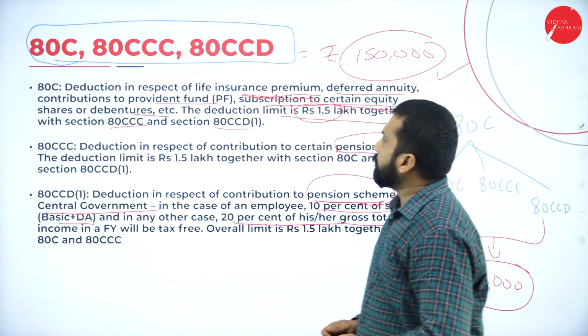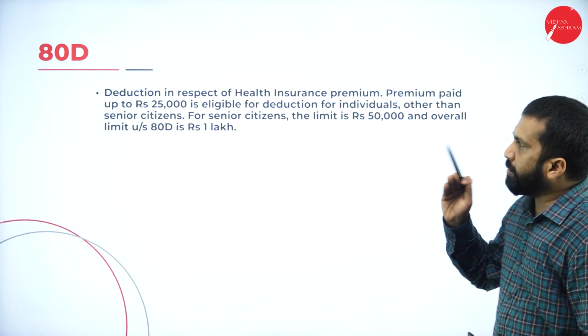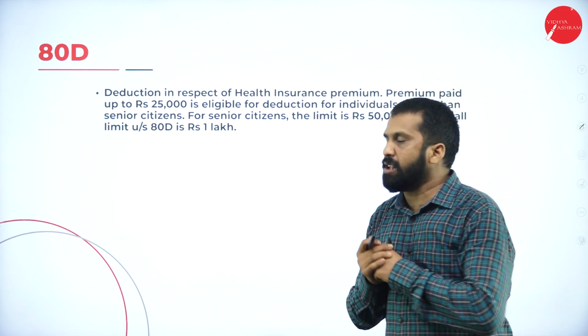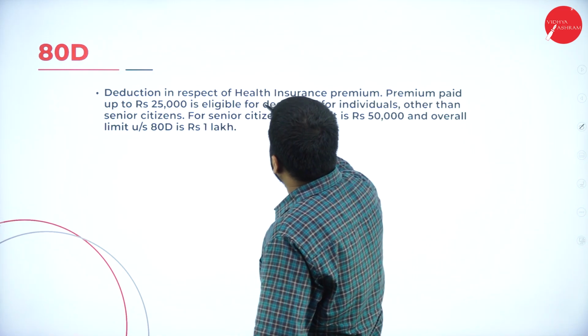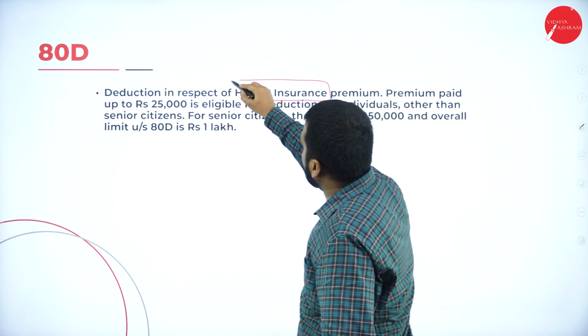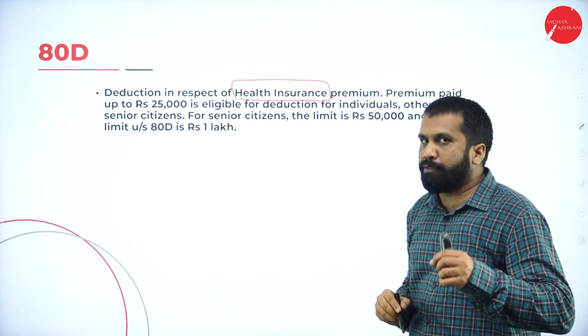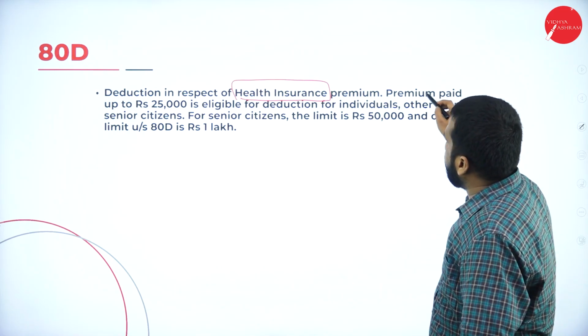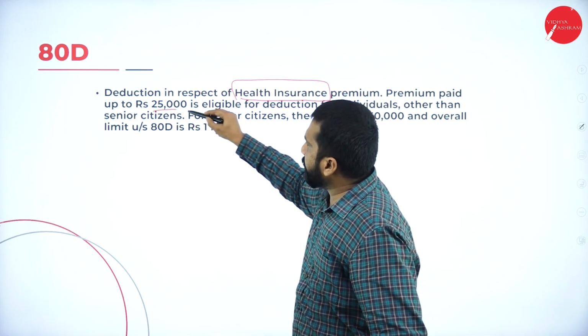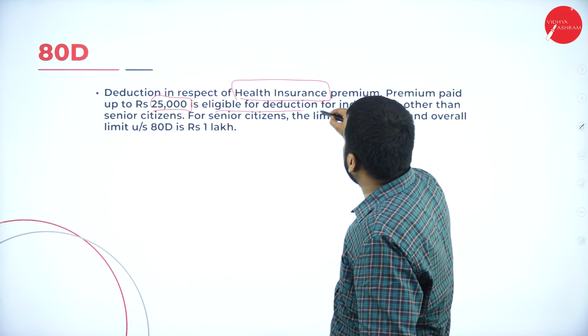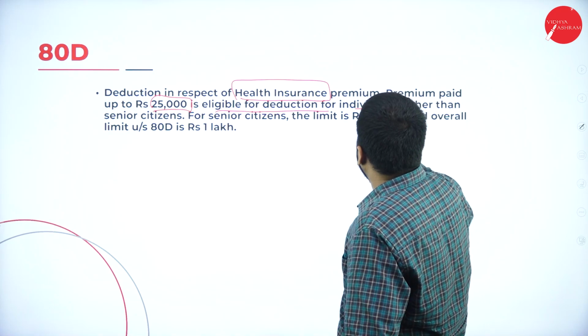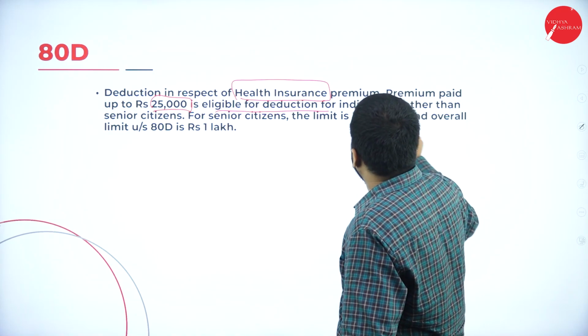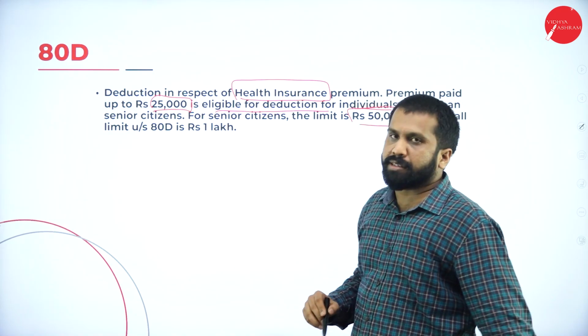Now, the second one, 80D. What about 80D? Deduction in respect of health insurance. In case of health insurance, premium paid up to 25,000 is eligible for deduction for an individual, and for your family it will be 50,000. Clear?